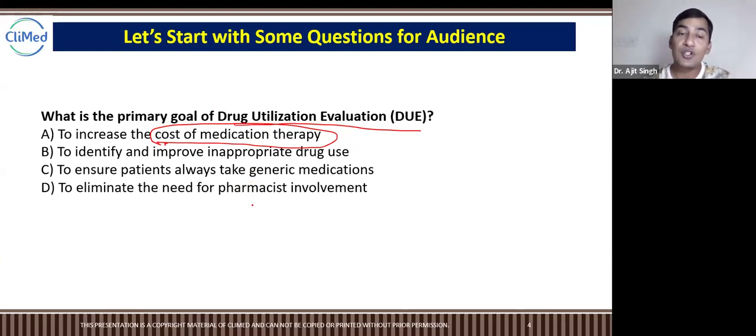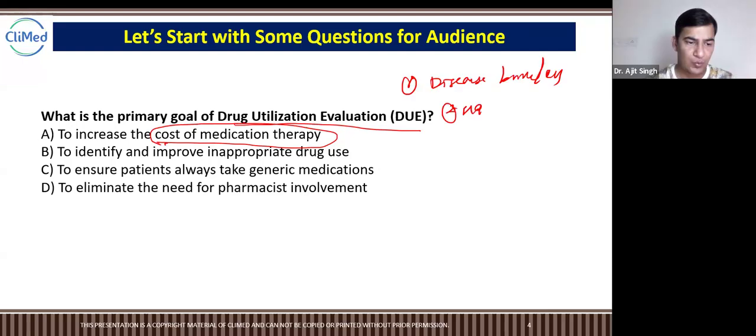Cost of the medication therapy comes under healthcare resource utilization, or the economic burden of the disease. Focus on the terms I'm talking about.